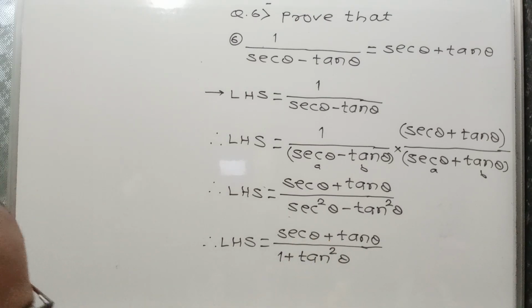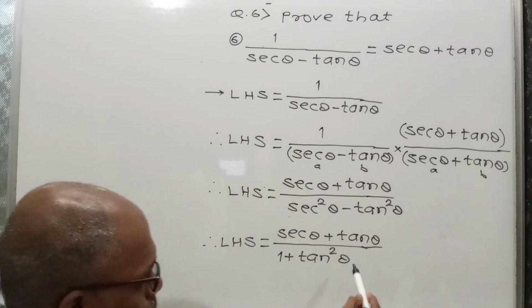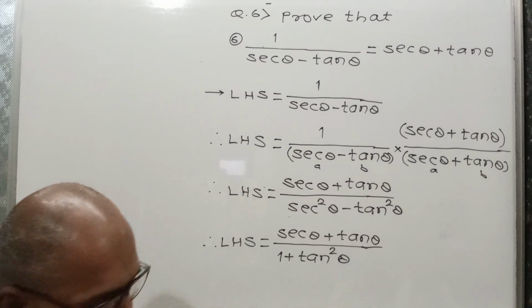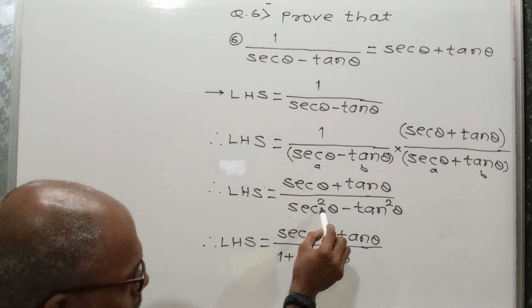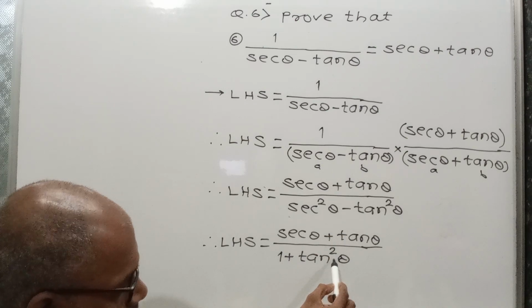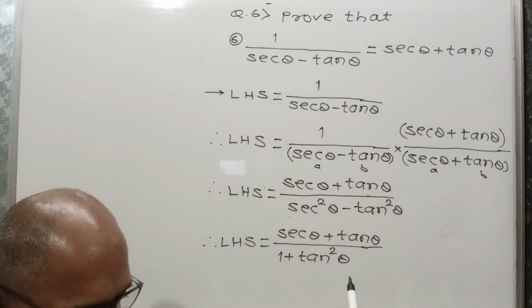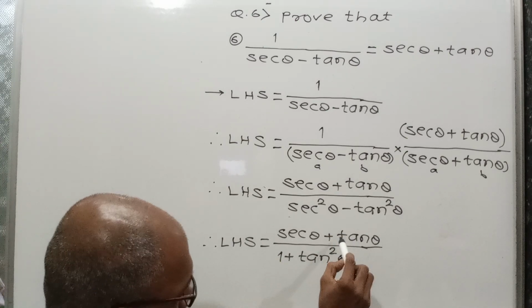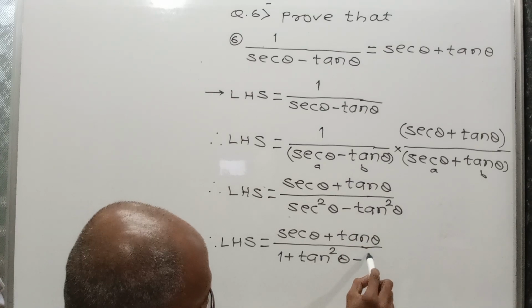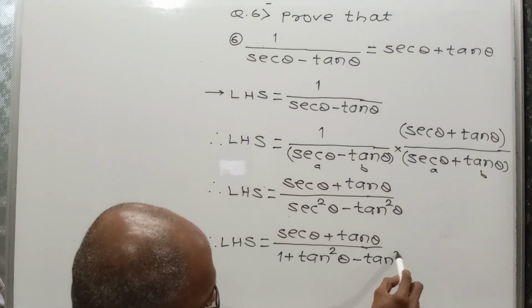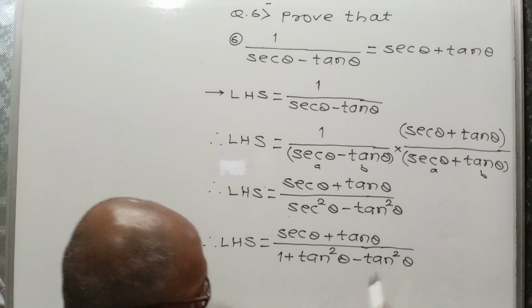This is the formula for sec square theta. Did you understand? I have given this identity: sec square theta is equal to 1 plus tan square theta, or tan square theta plus 1. And this original minus tan square theta.